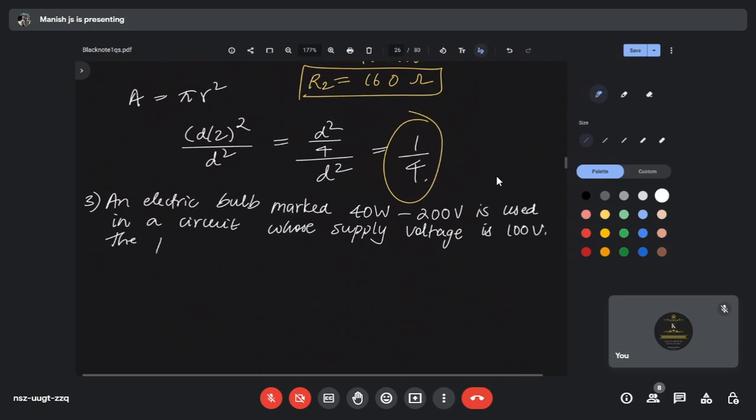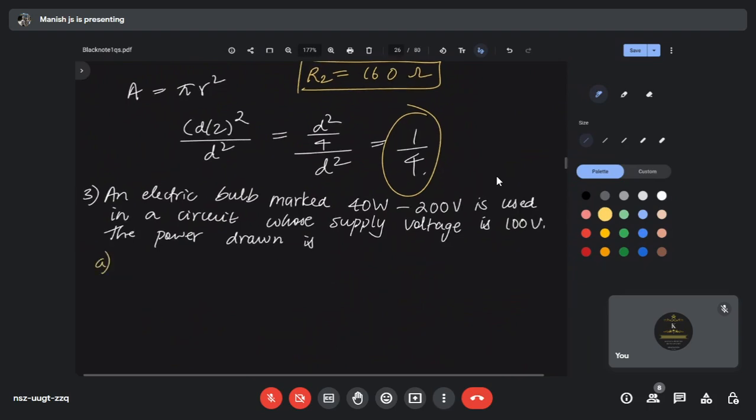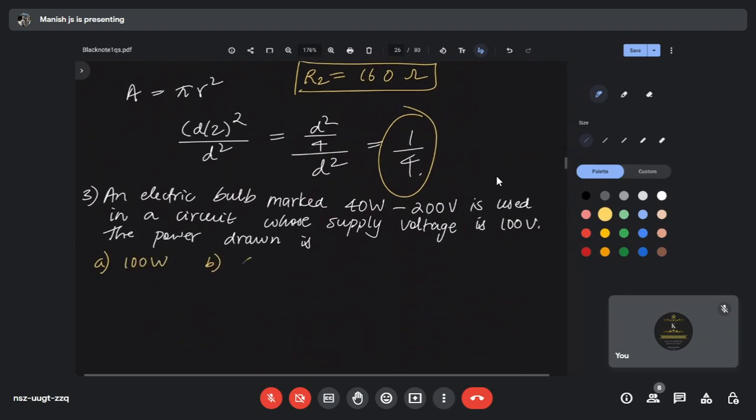The power drawn is: option A 100 watts, option B 40 watts, option C 20 watts, and option D 10 watts.